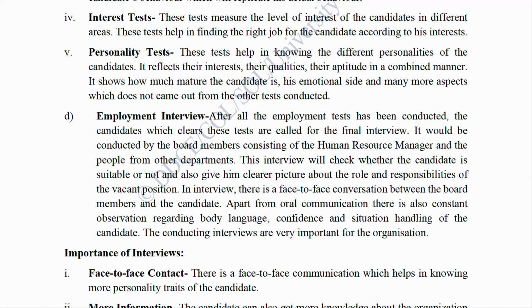In the interview, there is a face-to-face conversation between the board members and the candidate. Apart from oral communication, there is also constant observation regarding body language, confidence, and situation handling of the candidate. Conducting interviews is very important for the organization.